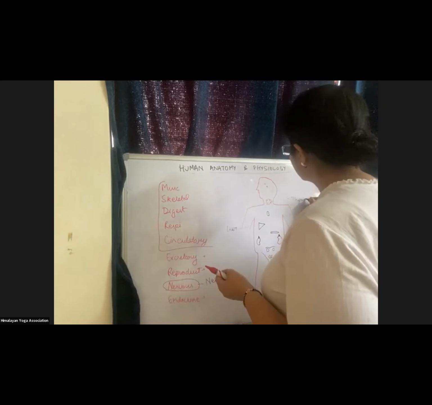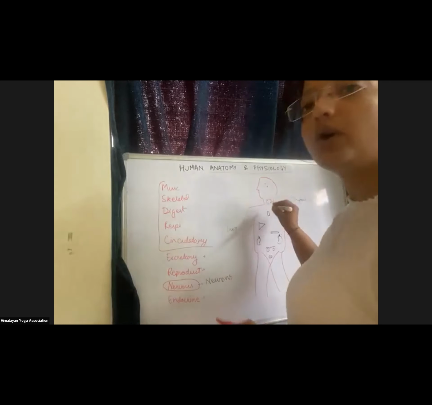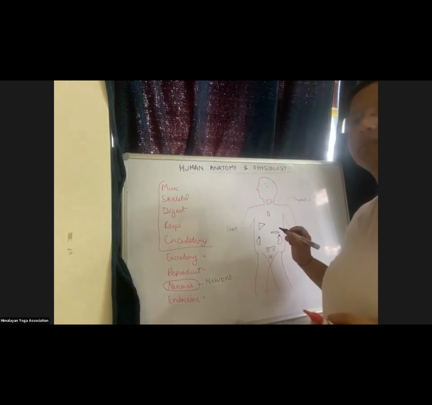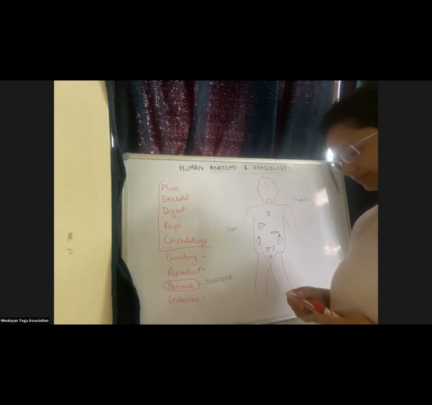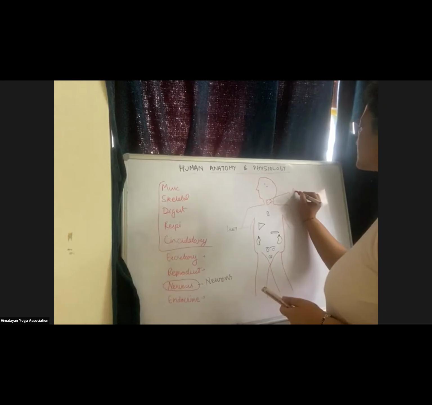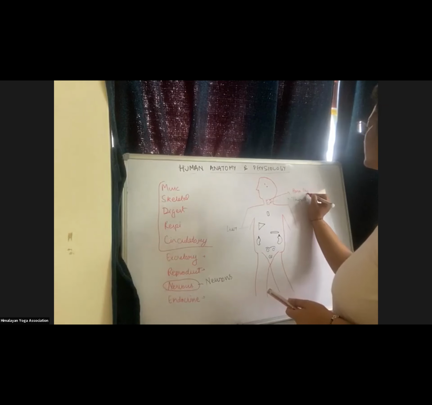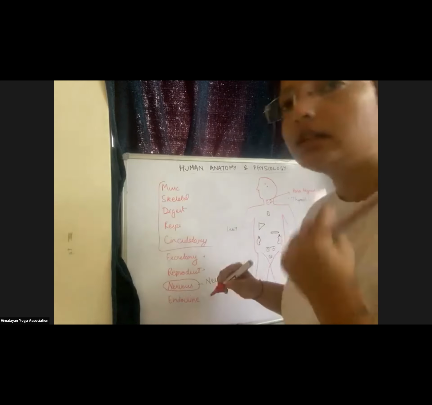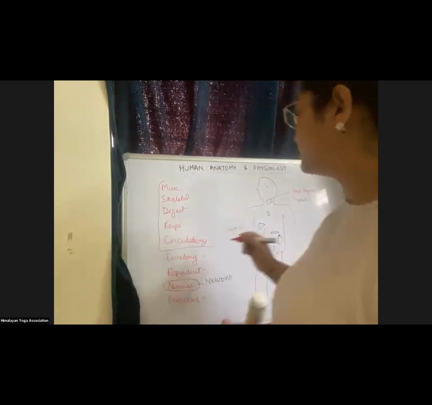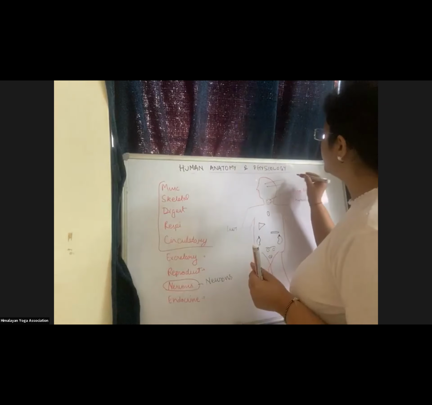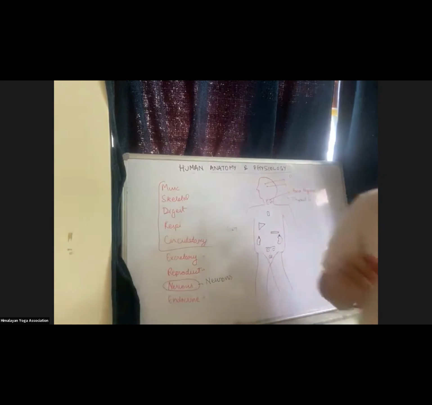And what are these 4 dots that I have put in the thyroid gland? These are parathyroid glands. These are in the shape of a pea, very small glands. Then here we have pineal gland and pituitary gland.